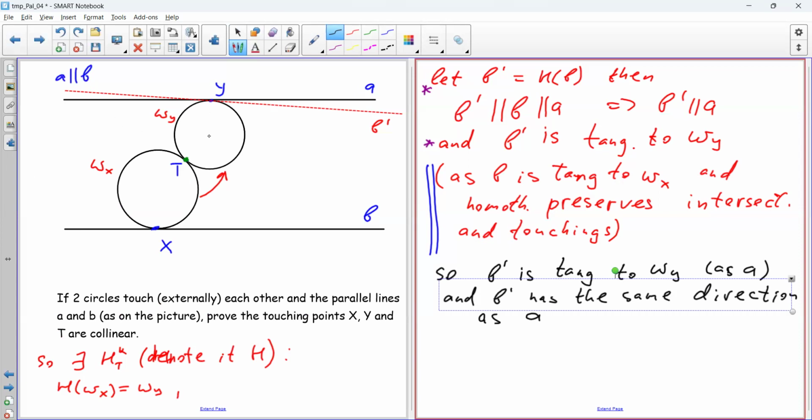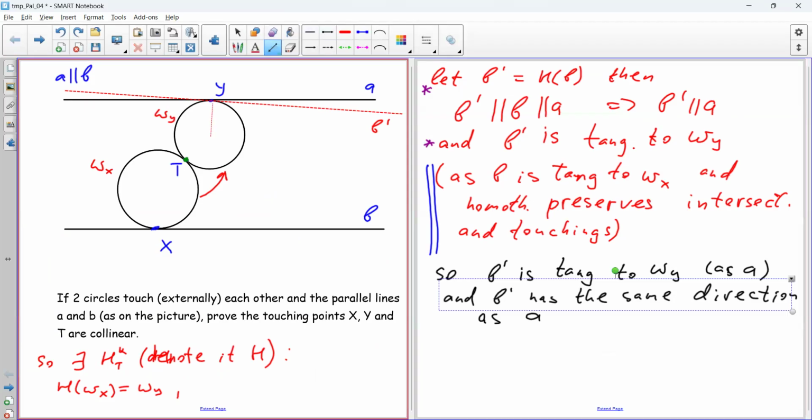They must have parallel radii to the tangent point, right? If we draw this radius for the first line and the radius for the second line, they are perpendicular to parallel directions, so they must be parallel to each other.